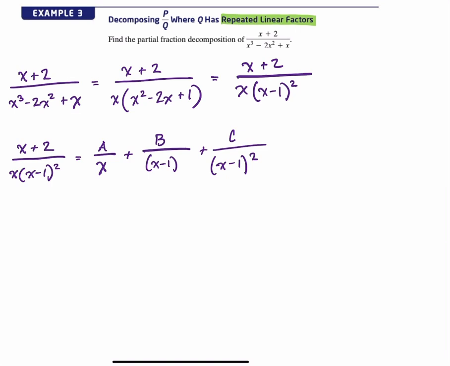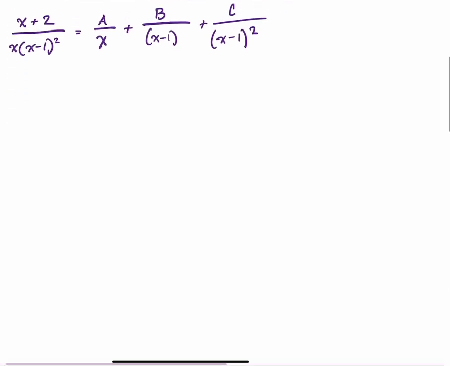So let's continue as we did before. Let's imagine that we're going to multiply this denominator on the left side by every term on both sides of the equation. So it'll completely cancel on the left side and we'll be left with just x plus 2. When we multiply by this first term, the x's will cancel and we'll be left with the x minus 1 squared.